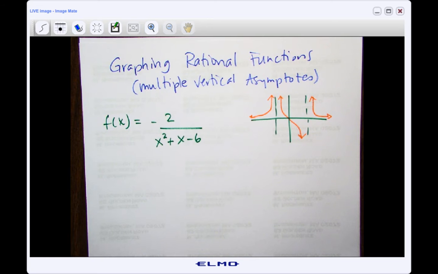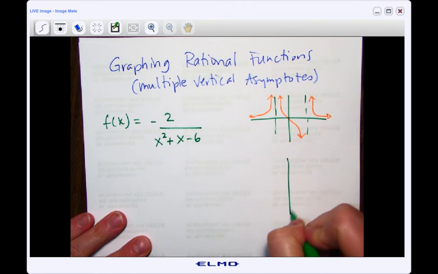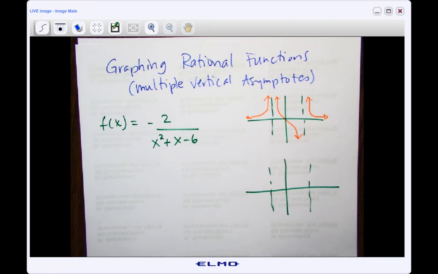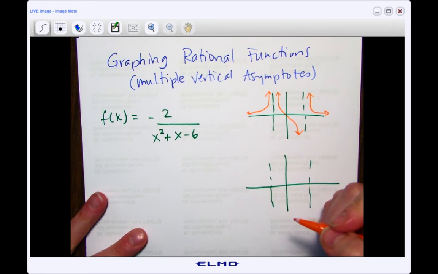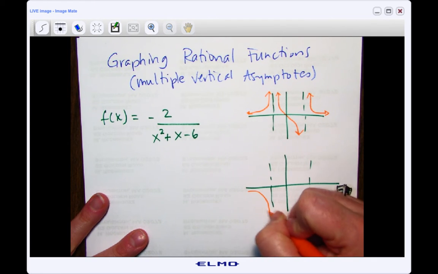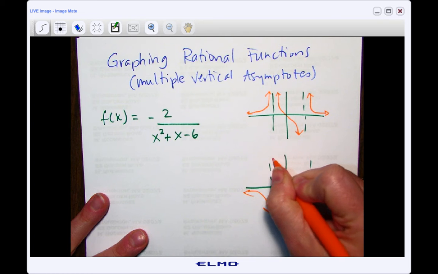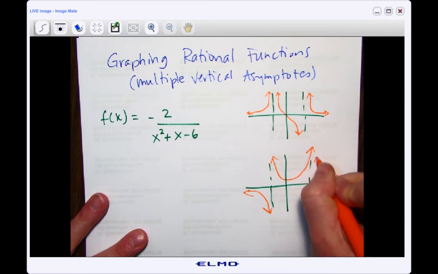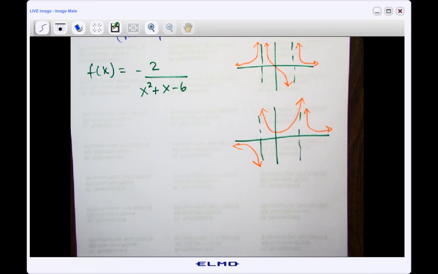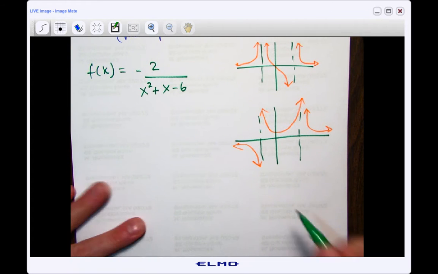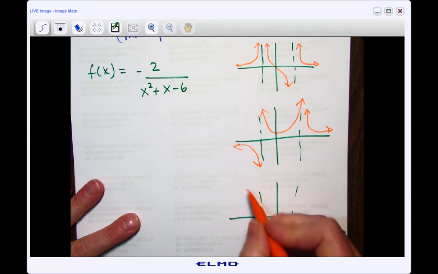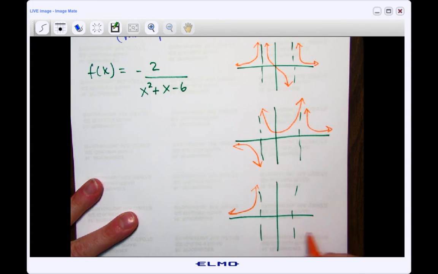Now the thing is, there's a bunch of different things that we could have. So I'm just going to draw a few that have two vertical asymptotes so you can see that there's more than one option here. So this is another one, something that looks like this. We could have this. And maybe something that looks like this.